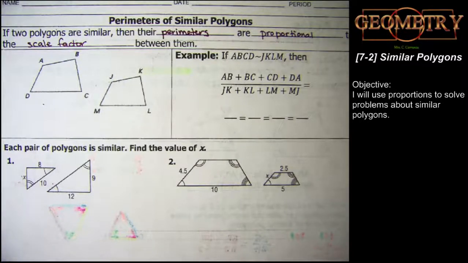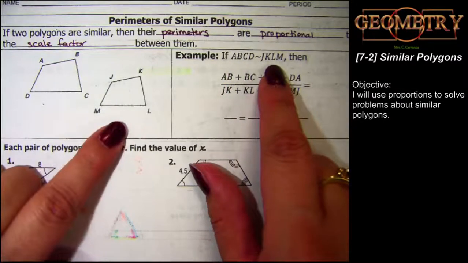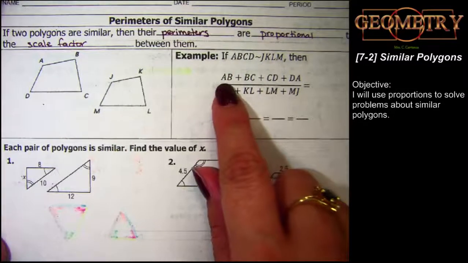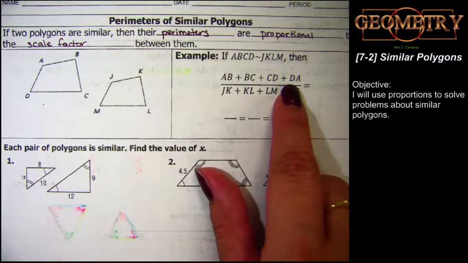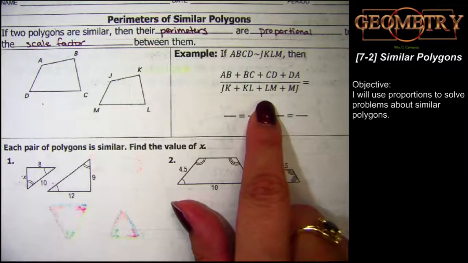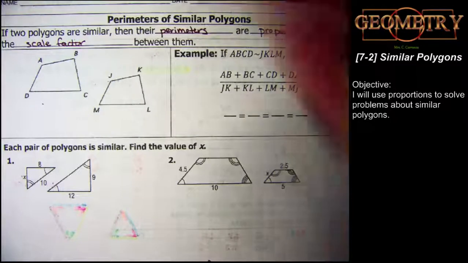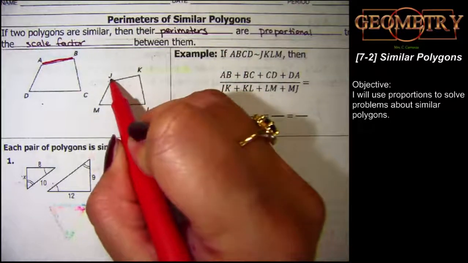All right. So if ABCD is similar to JKLM, then here's the perimeter of one shape. That's all the sides added together. And here's the perimeter of the other shape. All the sides added together. And that's going to be equal to, now check this out. Here's AB, and here's its corresponding JK.